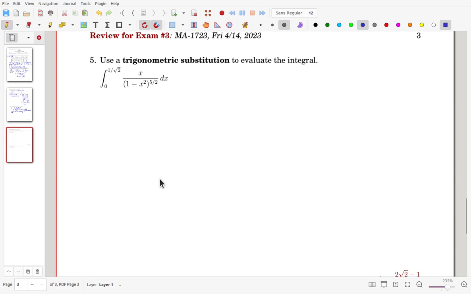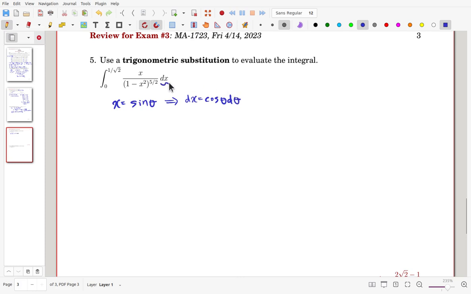Now number 5, use trigonometric substitution to evaluate the integral. Inside the radical, this 1 minus x squared cannot be negative, so we may try a substitution: x equals sine theta, then dx is cosine theta d theta.